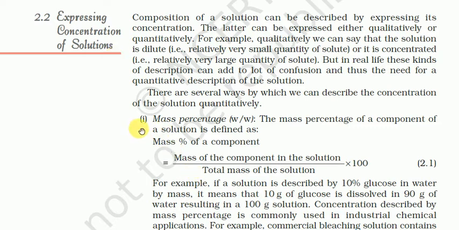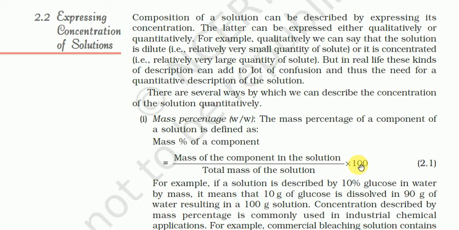So first of all I want to discuss with you the mass percentage, W by W. Mass percentage of a component of solution is defined as the mass of the component in the solution divided by the total mass of solution multiplied by 100.